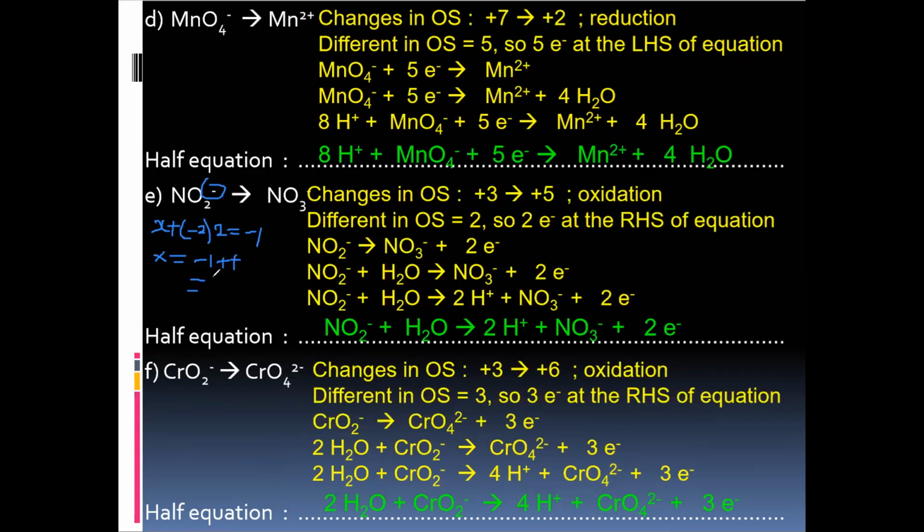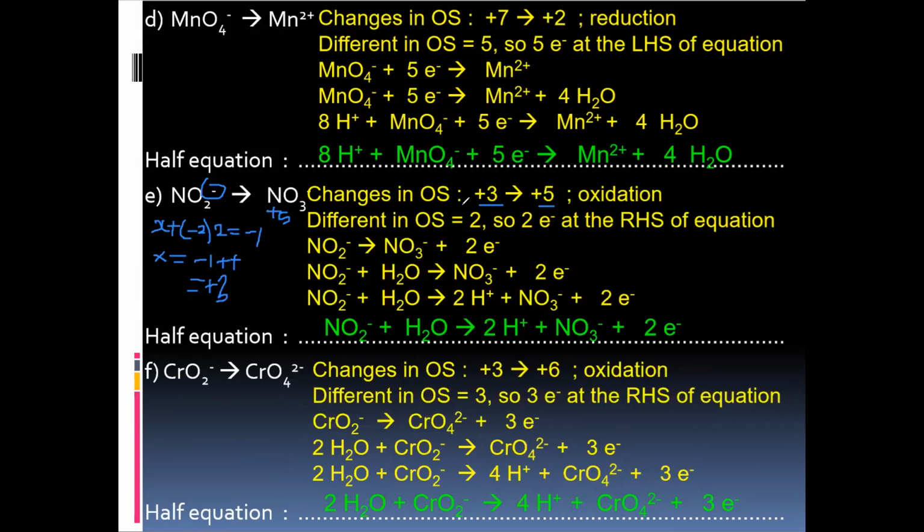So it means nitrogen on this side is plus 3. Nitrogen on the other side, if you calculate it correctly, will be plus 5. So the oxidation state is moving from plus 3 to plus 5. Moving from smaller to bigger, so it is oxidation. It is increasing. Increasing is oxidation.